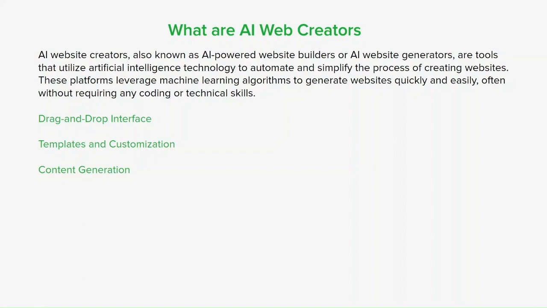These AI algorithms can analyze your content and provide relevant suggestions, helping you create engaging and professional-looking websites a lot more efficiently. AI website creators also ensure that the websites generated are responsive, meaning they adapt and display well on different devices like desktops, tablets, and mobile phones. This is important to provide an optimal browsing experience for visitors across different platforms.